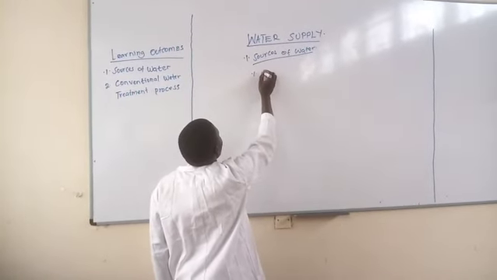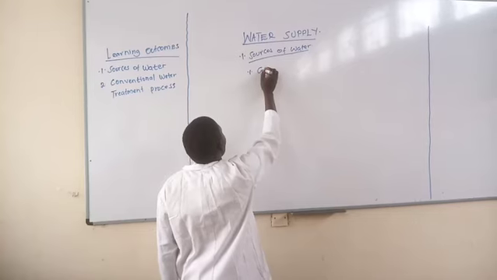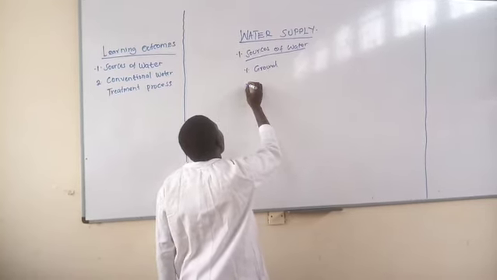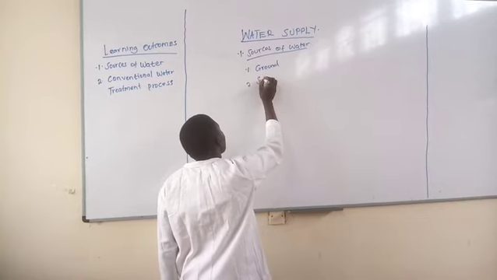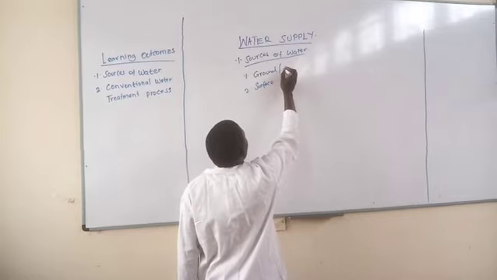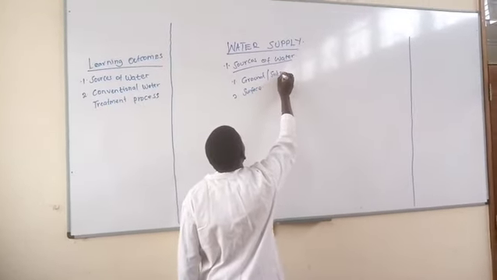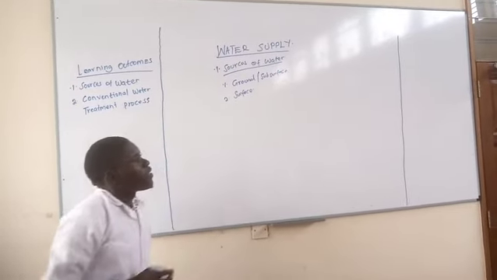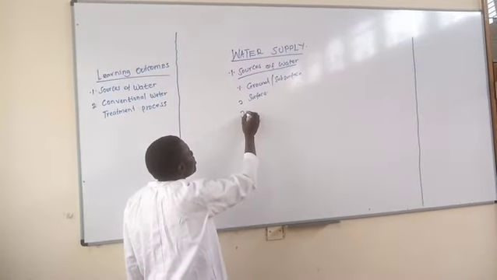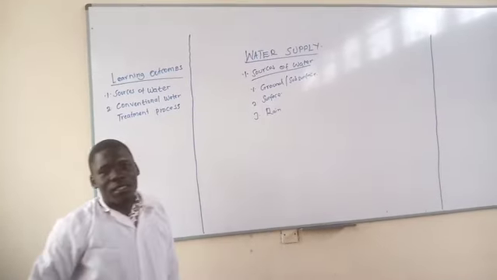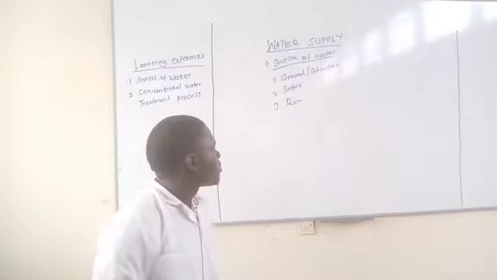Category number one, we have the ground. Then number two, we have the surface sources. These ground sources are also called subsurface. Then the third one is rain, rain as a source of water.